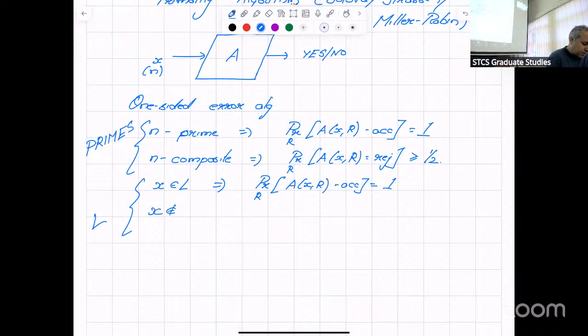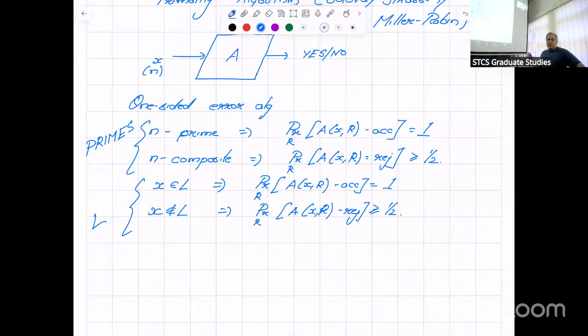If x is not in the language, the probability over r that A(x,r) rejects is greater than or equal to half. These are, I believe, what are called co-RP algorithms. I think I messed it up. I should have done it the other way around, I should have called composites. The name is irrelevant. You will learn this if you're doing the complexity course. Prasad will define these classes.